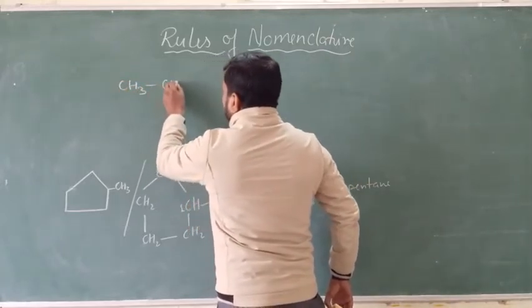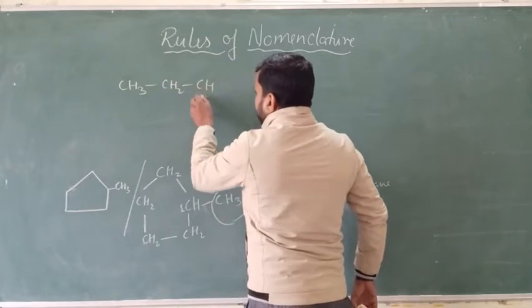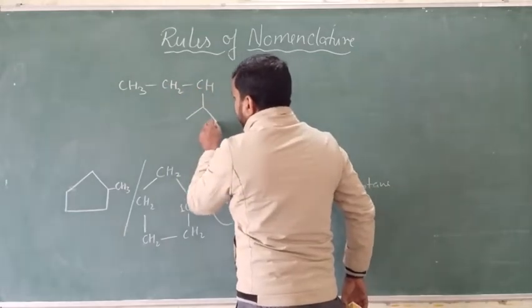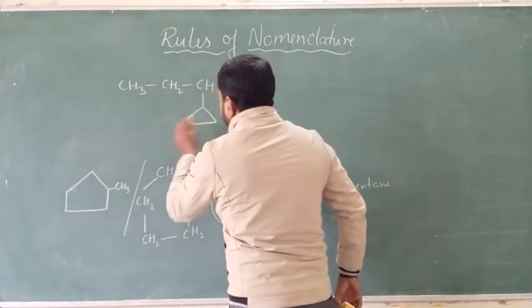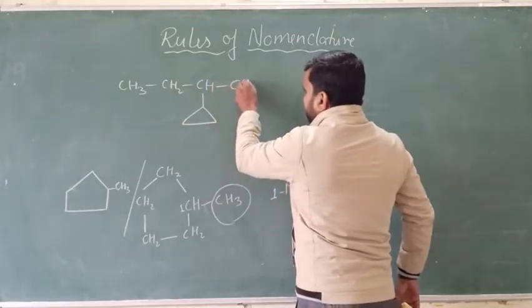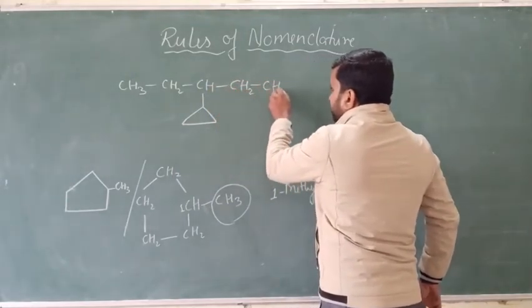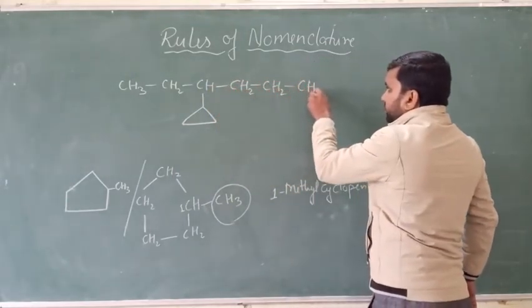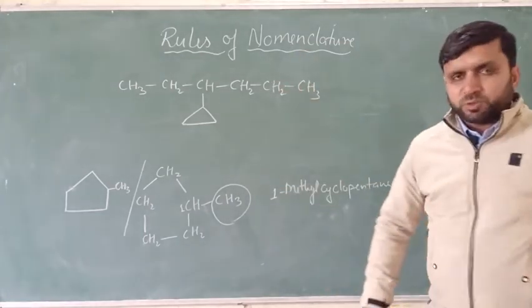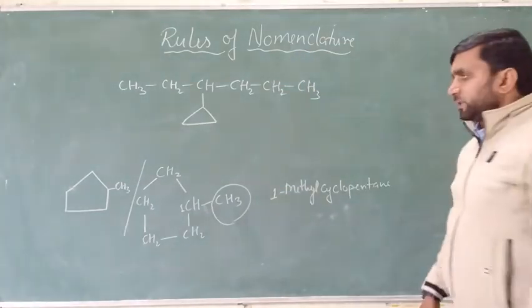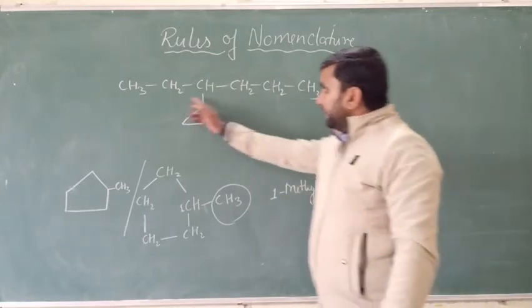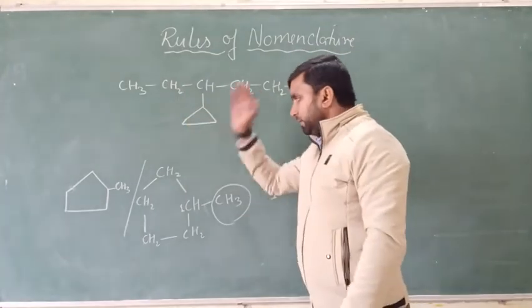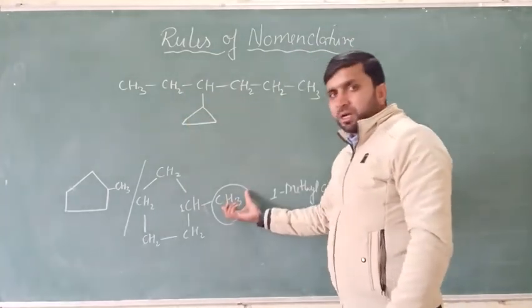CH3, CH2, CH, CH2, CH2, CH3. Suppose we are having this compound. Now see, there is a linear chain, and there is a cycle. Here also one carbon is out of the cycle.